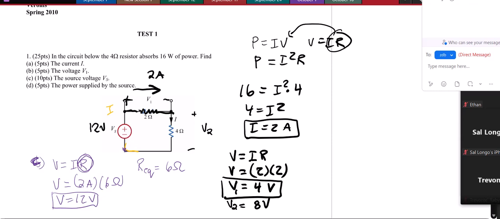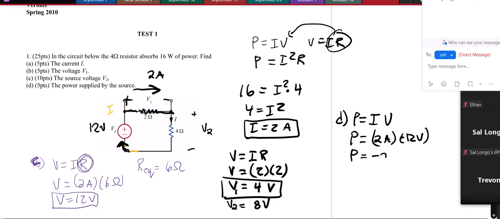And then D, the power supplied by the source. Well, I'll go back to the very first formula I used, P equals IV. I know the current through the voltage source is 2 amps because I have the same current everywhere, because everything is in series. I know the voltage across it. I solved for that in part C. That's 12 volts. Now, if I wanted to assign a sign to it, the current is coming into the negative side of that, so that would be a negative 12 volts.